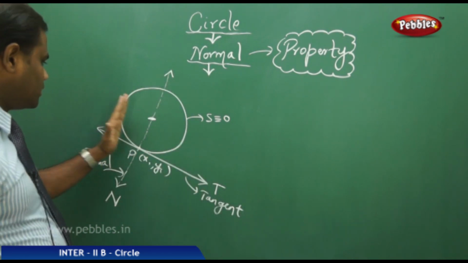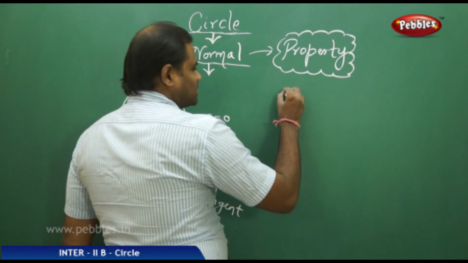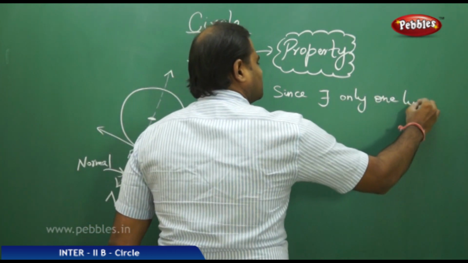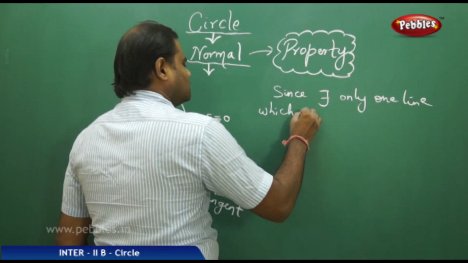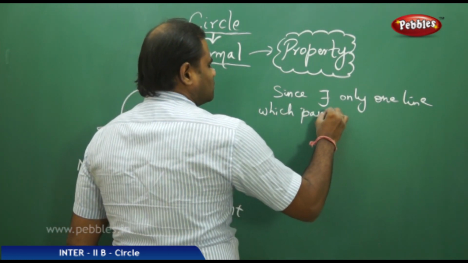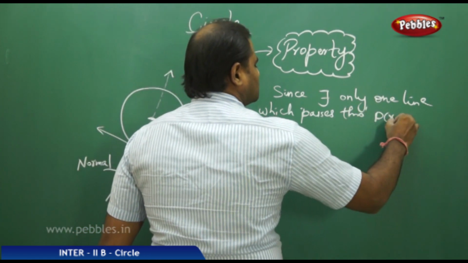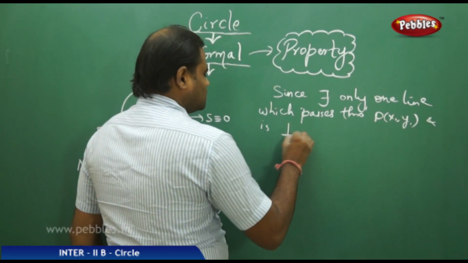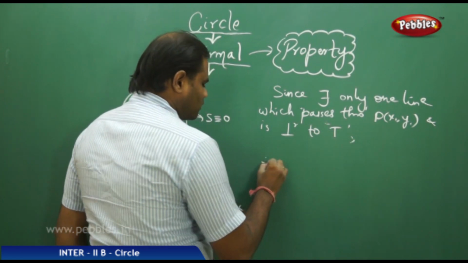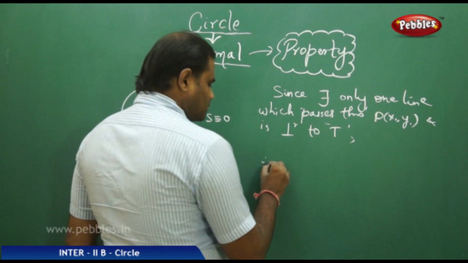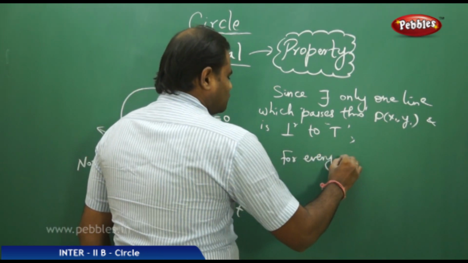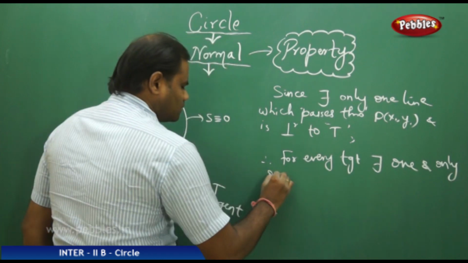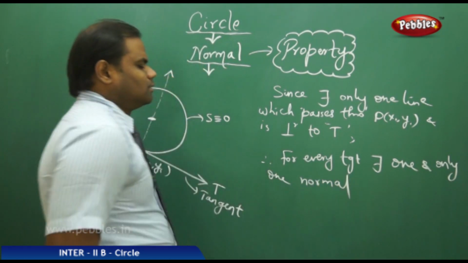Since there are infinitely many lines which are perpendicular to the tangent, there exists only one line which passes through the point of contact P(x1, y1) and is perpendicular to T. Therefore, with this property, for every tangent there exists one and only one normal.